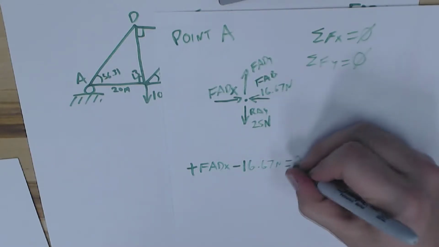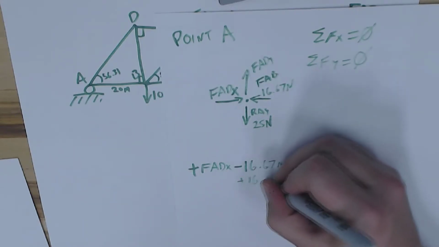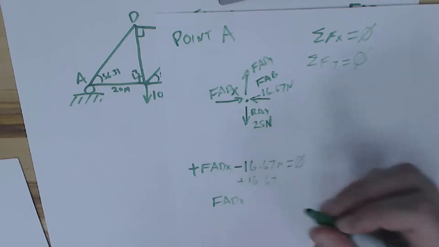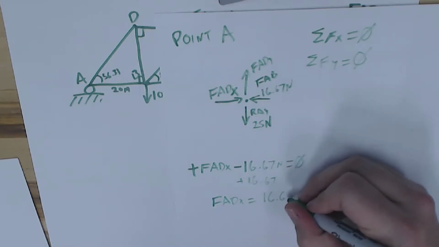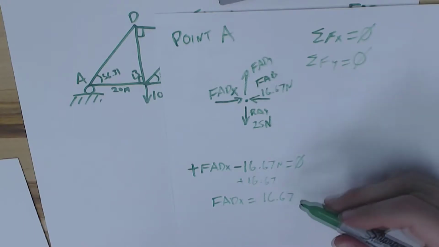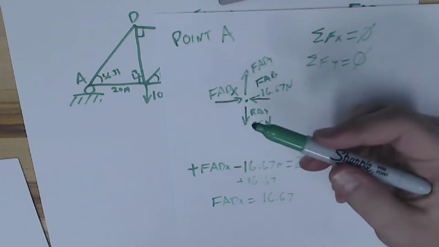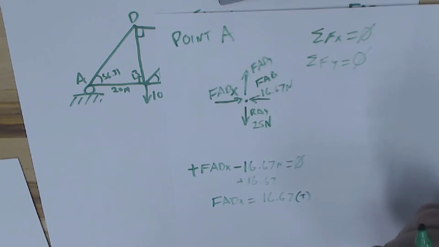We know that must equal 0. So we're going to add 16.67 to both sides, and we're left with FADX equals 16.67. The number's positive, which means our guess was correct. FADX is going to the right. It is in tension, so we're going to add a T there just to write it.